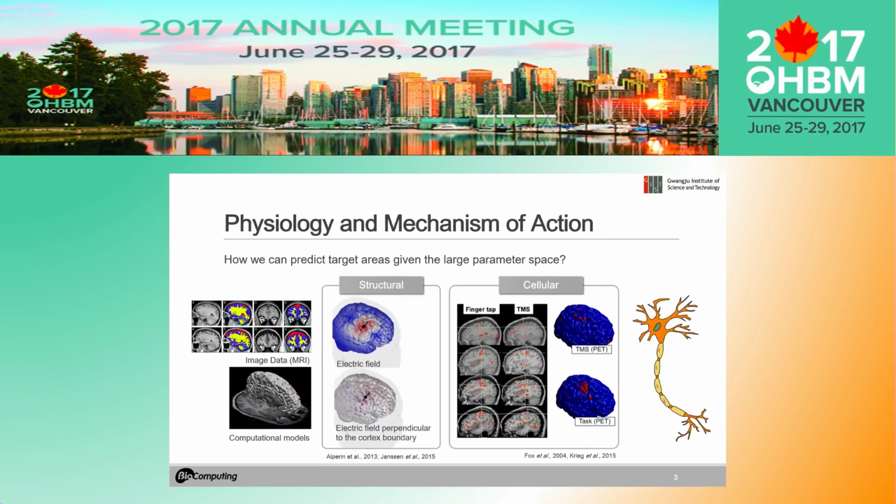tDCS is able to alter the spontaneous neuronal firing rate without producing action potentials because the current density induced by tDCS is below the action potential threshold for cortical neurons.